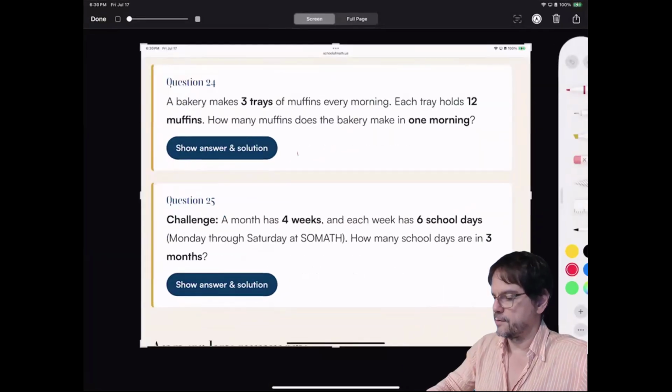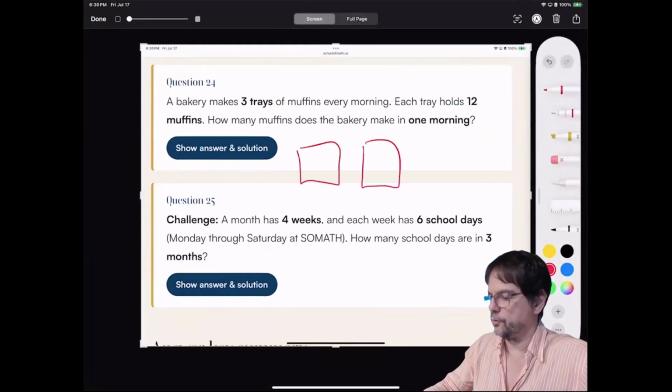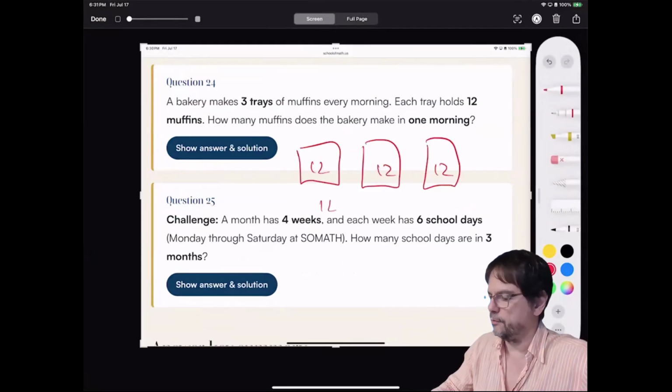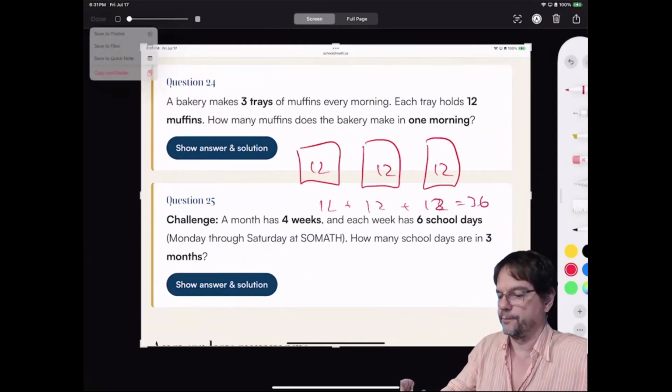You have 3 trays. 1, 2, 3. 12 each one. 12 plus 12 plus 12. 36. Or 12 times 3.